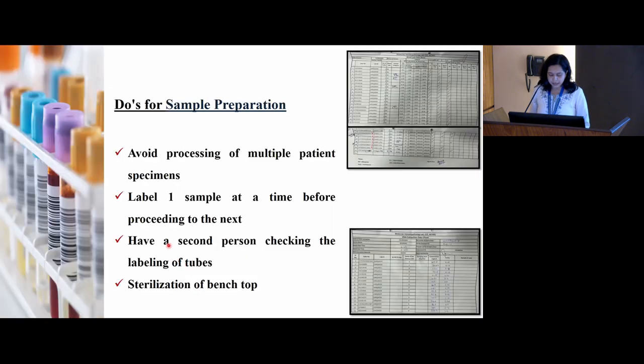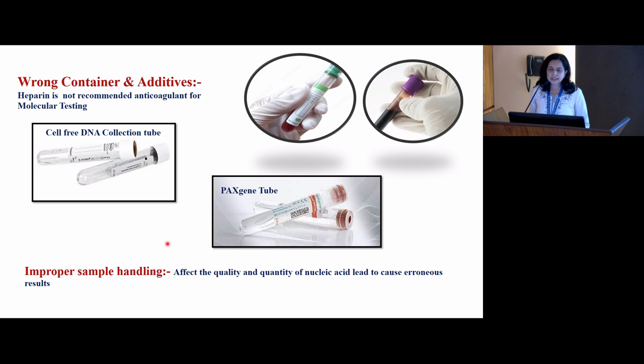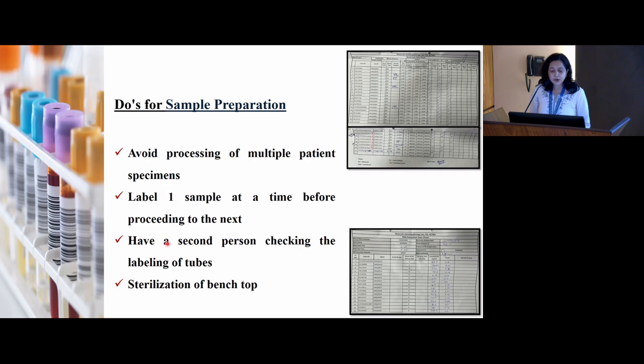Improper sample handling can affect the quality and quantity of the nucleic acids and lead to erroneous results. What we have to keep in mind is that in NGS we are pooling a number of samples and processing them all together. So avoid processing multiple samples all together; make a batch-wise system and label the samples one by one.